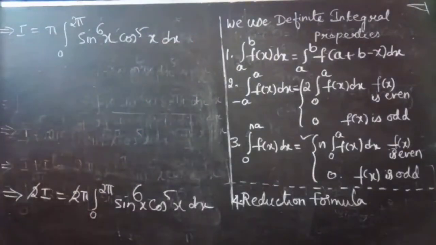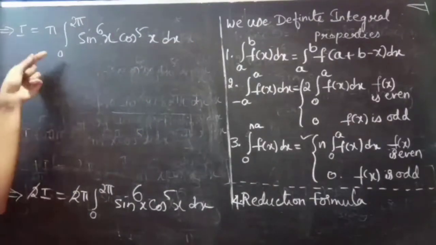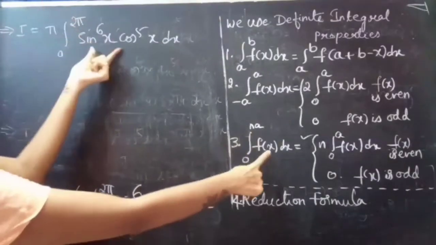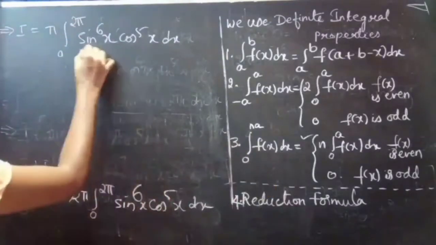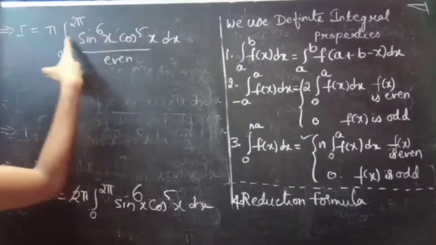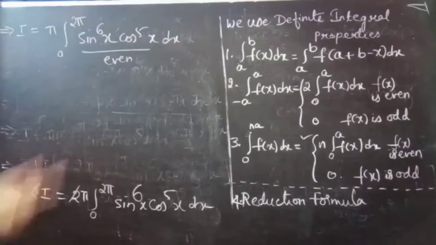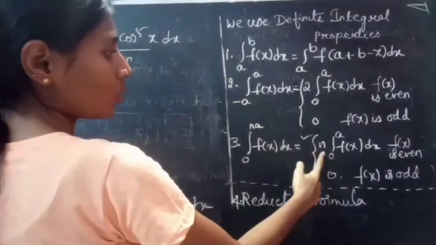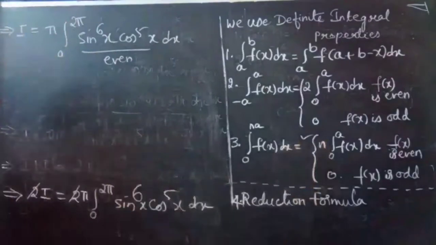So this is of the form integral from 0 to 2a of f of x dx. We know that our integrand is even since you don't have any minus signs here. So we can consider it as an even function. Since f of x is even, you'll consider the first one, 2 into integral from 0 to a of f of x dx.